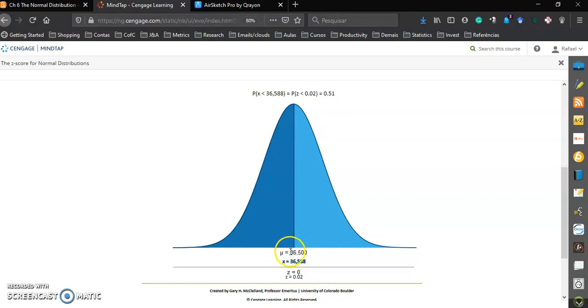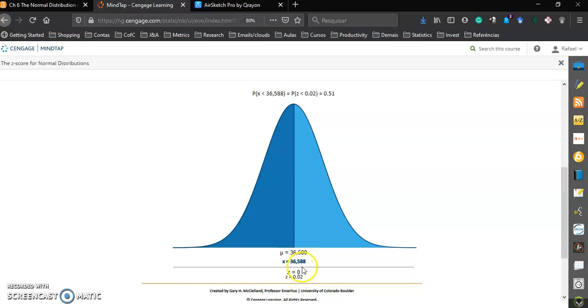So it's almost the mean, right? Someone that drives 36,588 is almost at the mean. If I subtract 36,500 from 36,588, I get 88, and I divide it by the standard deviation of 5,000, I get a z-score of 0.02.